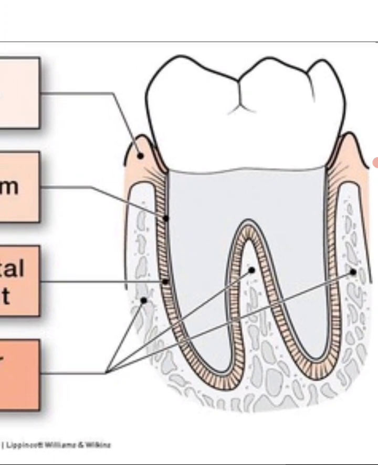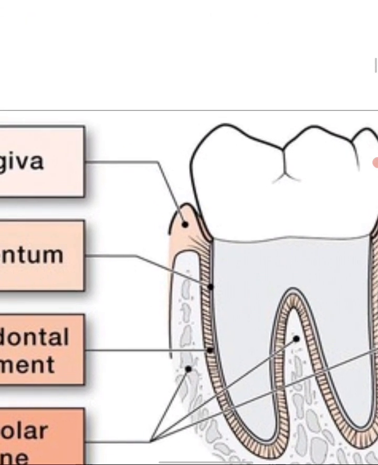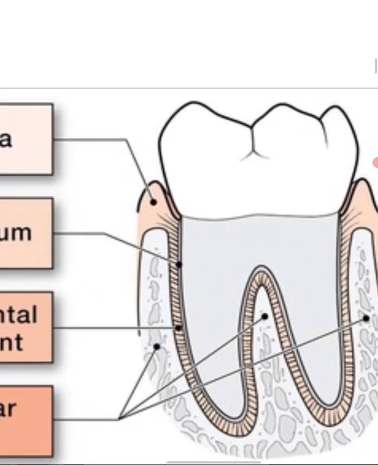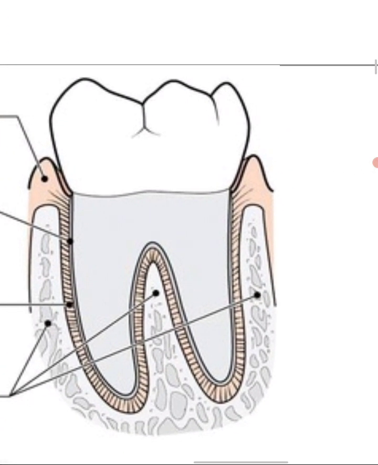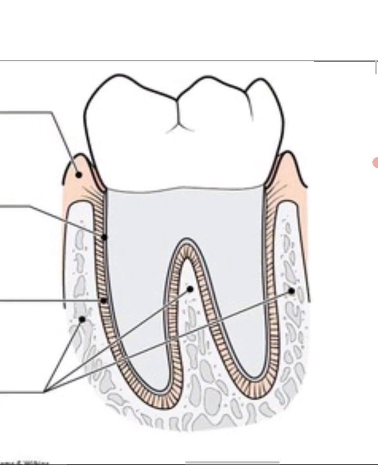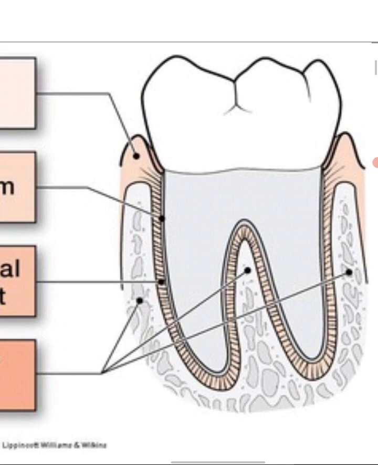Number 1, this is the gingiva, the soft tissue that surrounds the teeth. We can all see it in the mirror. The soft tissue, which is coral pink in color, surrounds the teeth.